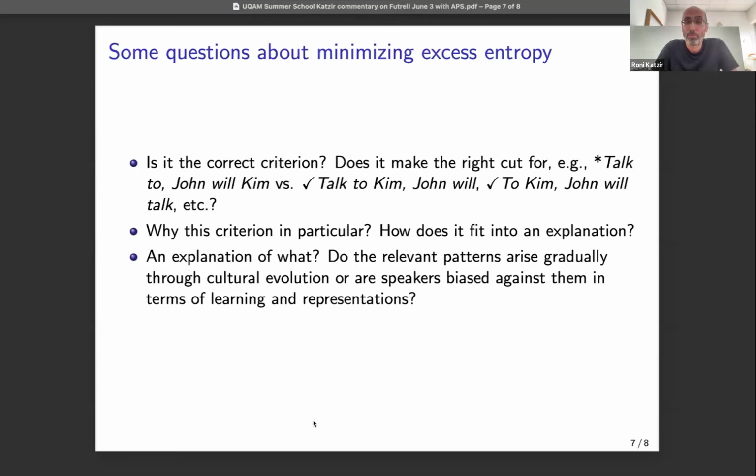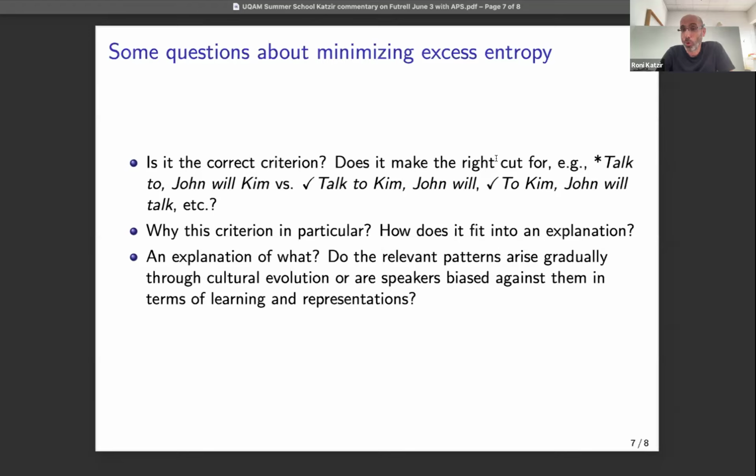I had some immediate questions about this proposal. One is what I just mentioned about "talk to", two elements that are tightly correlated, whereas other things are less tightly correlated, but do move together.